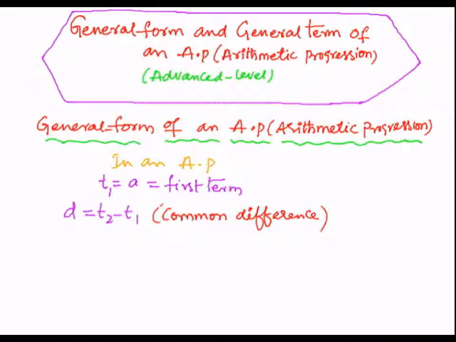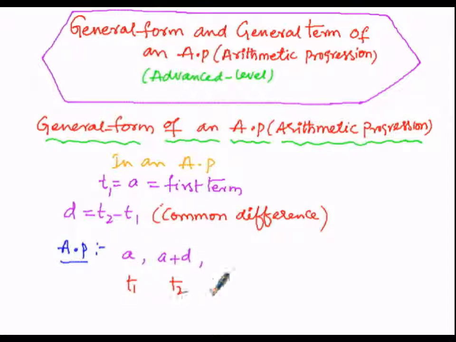In this manner, we get the arithmetic progression as the first term A. To get the very next term, the second term, we have to add the common difference D. The first term is A, so to get the second term we add 1D to this preceding term A, and we get A plus D as the second term.